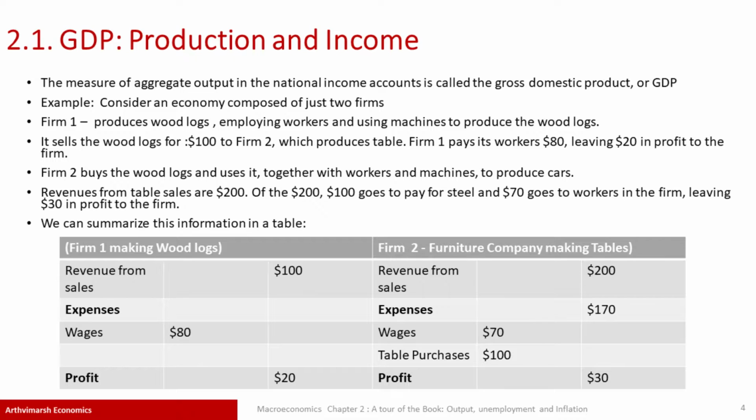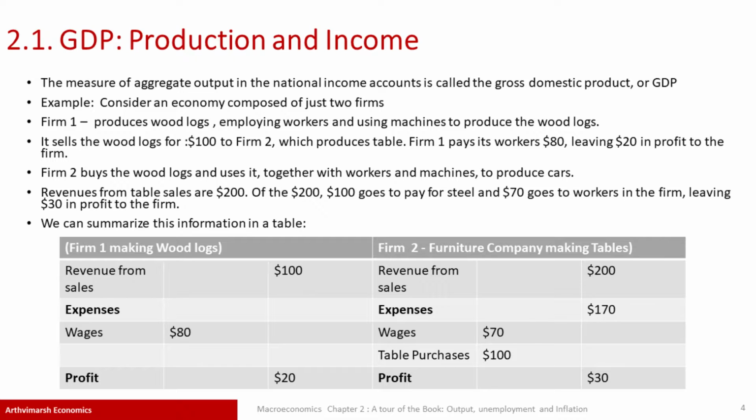It sells the wood for, let's say, $100 to firm 2, which produces furniture. Now, let's assume the furniture is a table. Okay, so firm 1 is paying its workers, say, $80, leaving $20 profit for the firm.